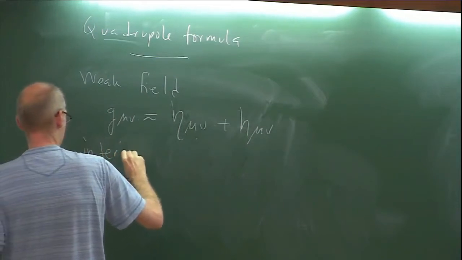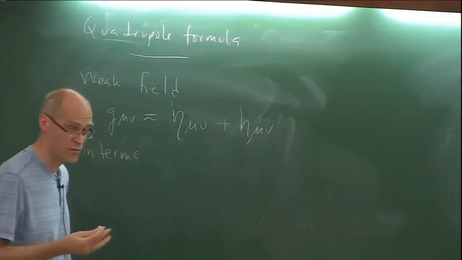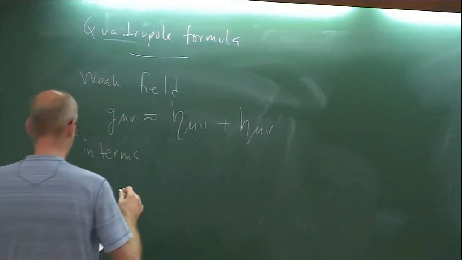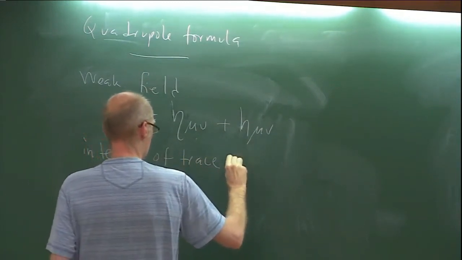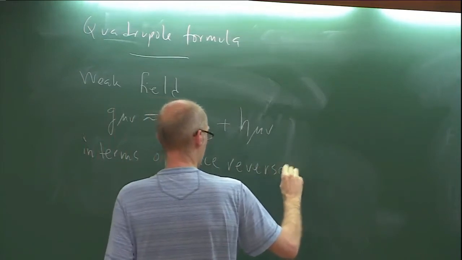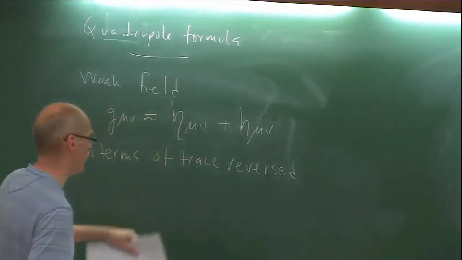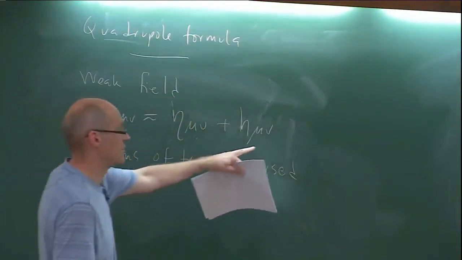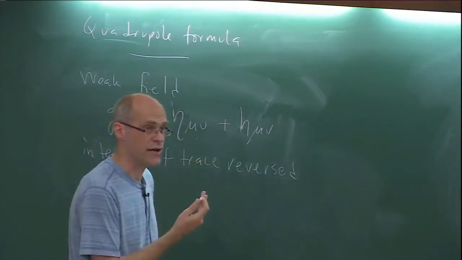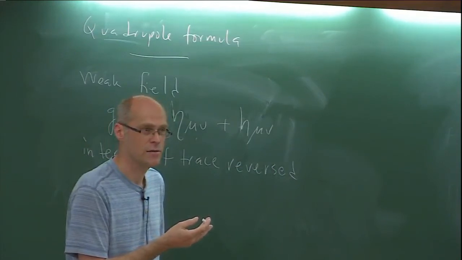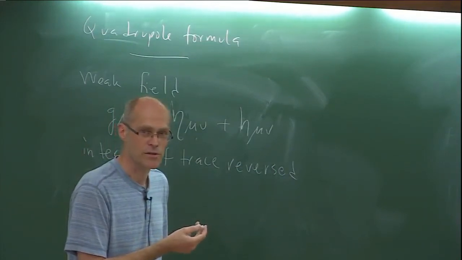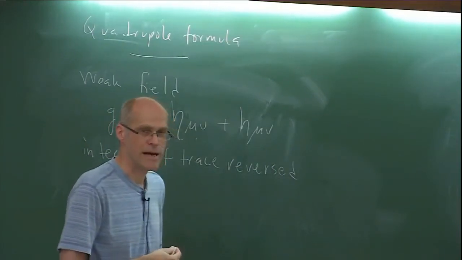And then you know that the way it goes, I'm skipping all the steps because you are experts and I'm just pretending to know this stuff, is that the trick here is that you introduce a trace reversed quantity. So you just take this h and you reverse its trace. And for some reason, that magical trick makes all the difference. It's not a magic trick.